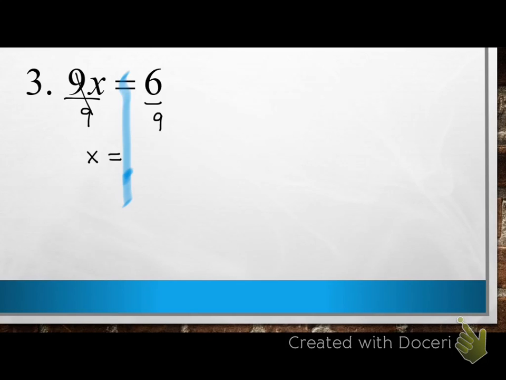I know it's 0.6 repeating. Okay? What is that as a simplified fraction? So 6 and 9 both have what in them? They both have a 3. Ashley, what's that simplify into? 2/3. Okay? Thank you. We still feeling good? Okay?